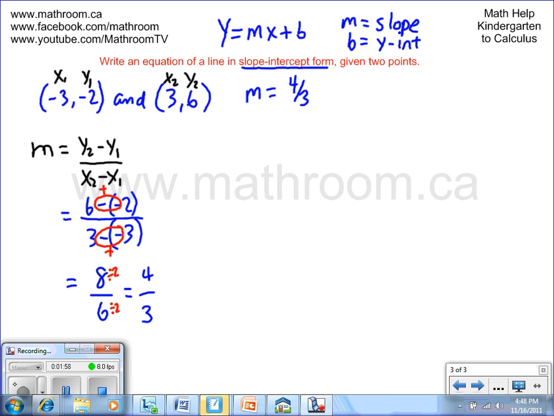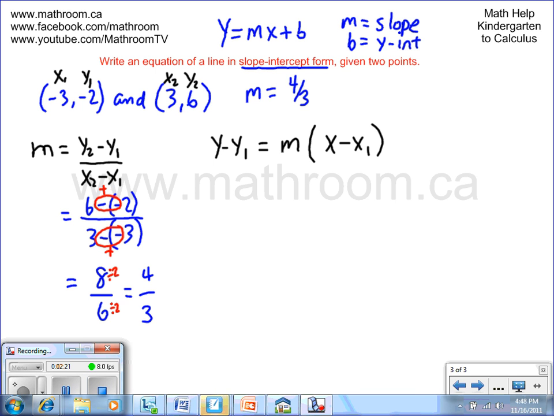Okay, now we're going to use another equation which is derived from the slope formula to find the equation of the line, which is y minus y1 equals m, the slope, times x minus x1. Now we have 2 points that were given in the question, but we only need one to answer the question. We might as well use point number 1.